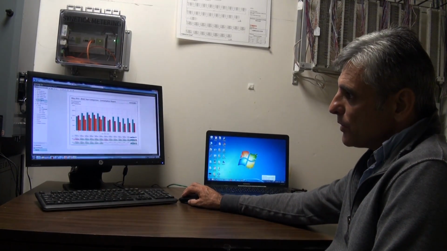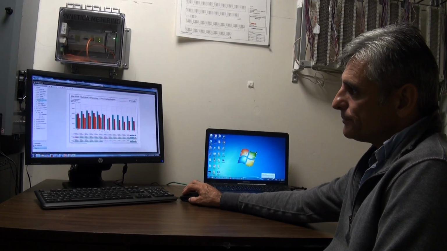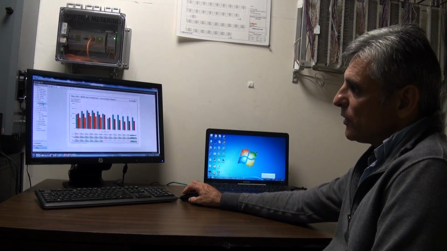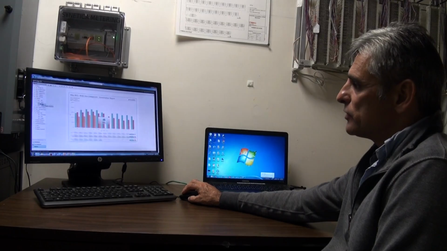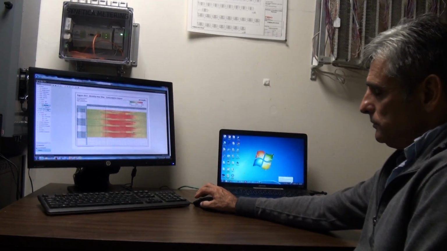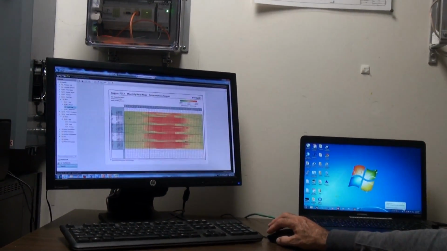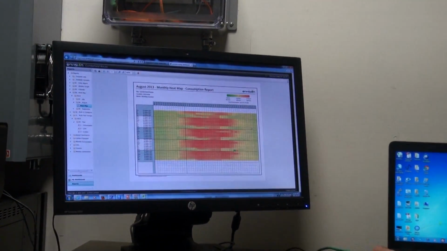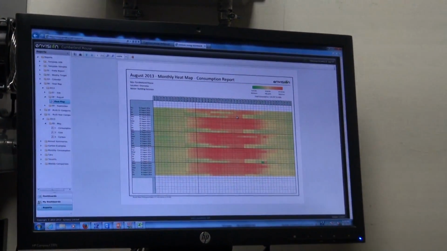One other neat report we can generate is a heat map. If we go into a high usage time of the year, we can now generate a heat map within the building.